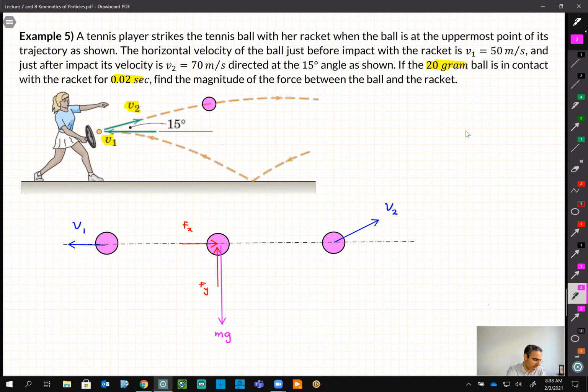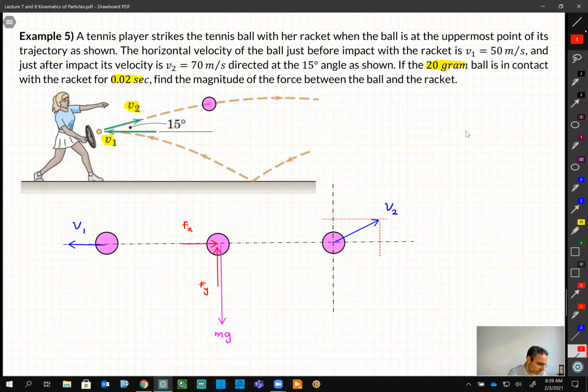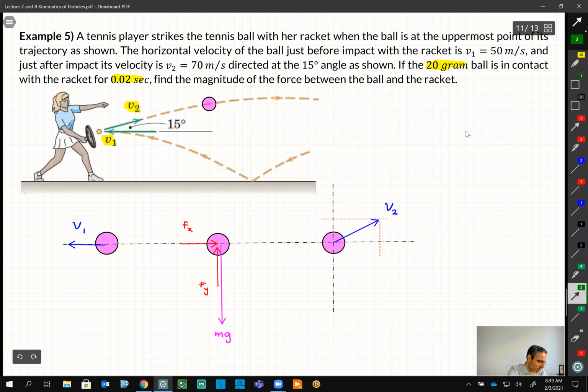And maybe I do one more step to make my life easier, and I find the components of this velocity. So if this is the vertical direction, then the components of this guy are going to be, let me use a color that I've never used, okay, this one.